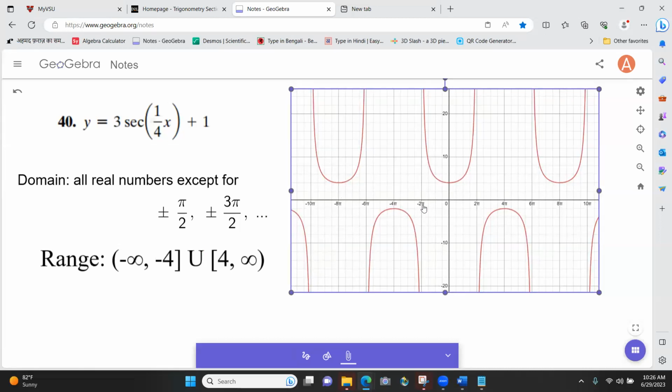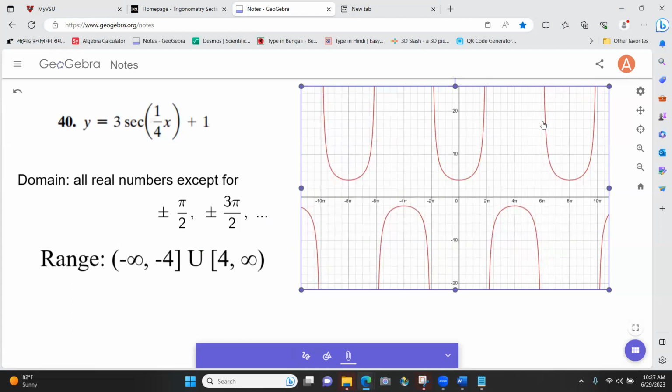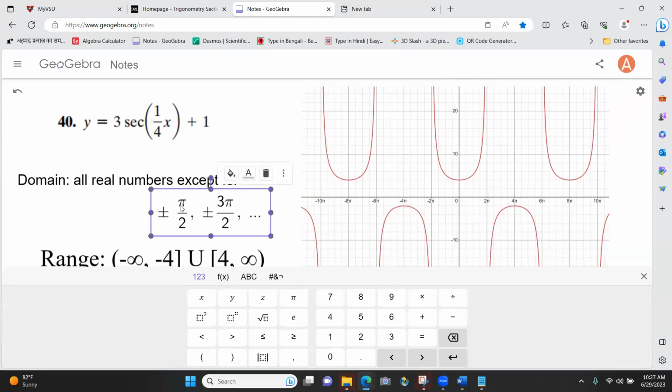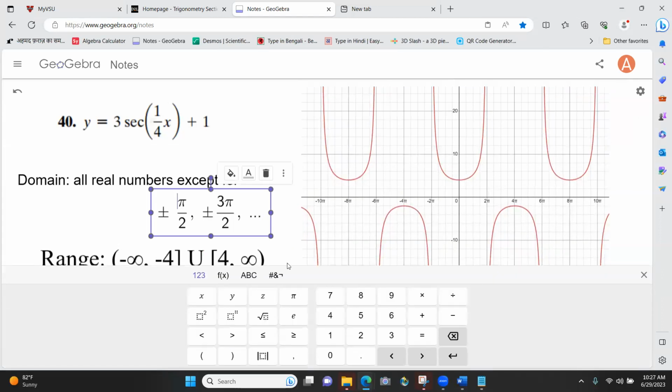The domain: 2 pi, 6 pi, 2 pi, 6 pi. These are the bad guys. These are the places where you have vertical asymptotes. You have to say it: 2 pi, 6 pi, and so on and so forth.